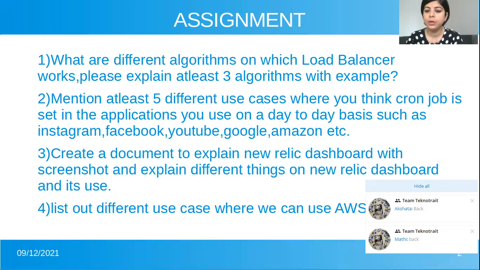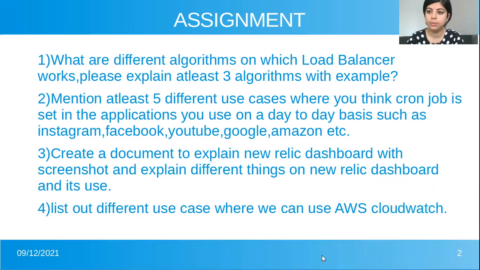So after every 24 hours, we get an email on how many shoes are being sold for the Adidas brand. So in this way, cron job is set for Amazon. It can be set for different other things on Amazon as well. It was just an example.